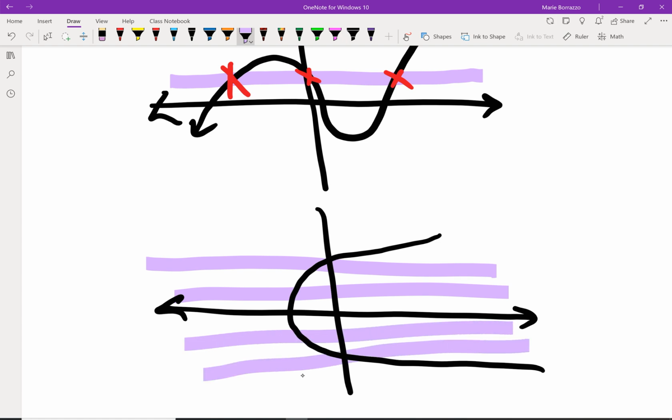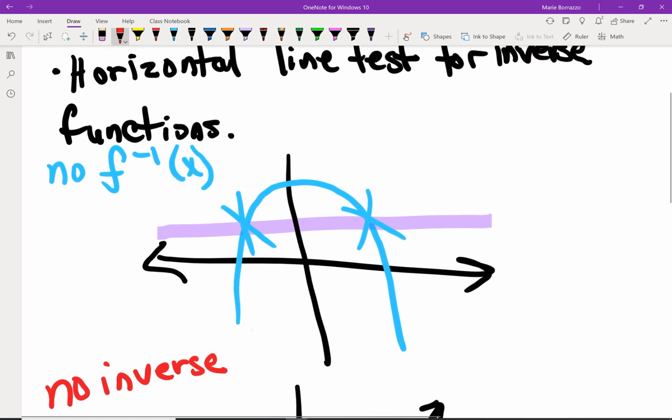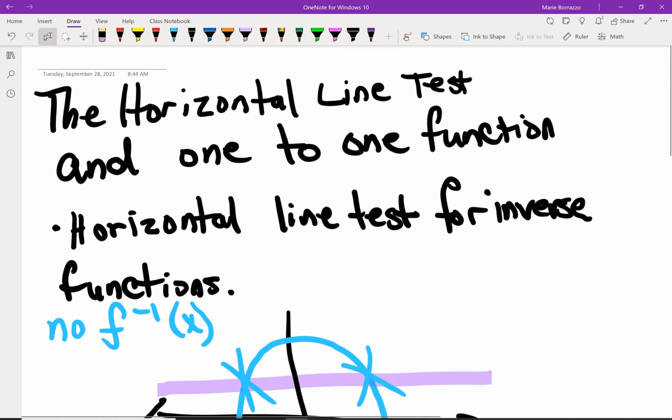No. So this would have an inverse. All right, so that's the example. This would be example 5, by the way. I don't think I mentioned that. This is all about example 5.